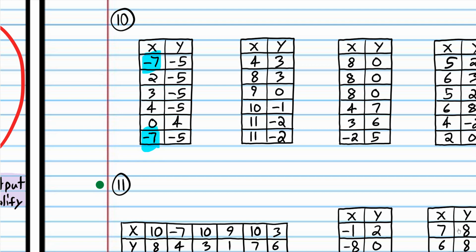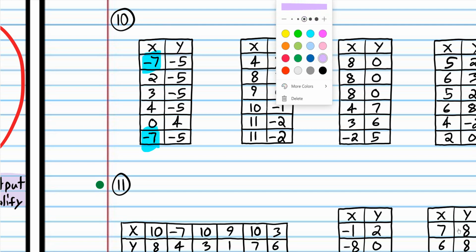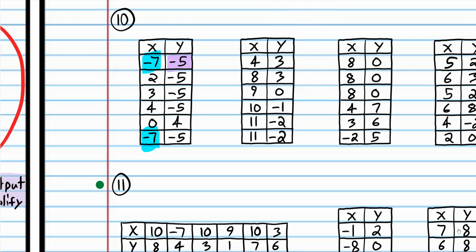Notice that we have a -5 in the Y column. If the input is -7, the output is -5. That's what this tells us. But down here, we have the same exact situation, so it's a trick problem. If a number is repeated in the X column, that usually means that the table does not qualify, but because we're tricking students here by writing the same output, actually this does qualify.